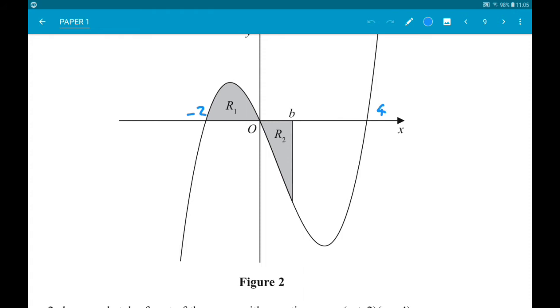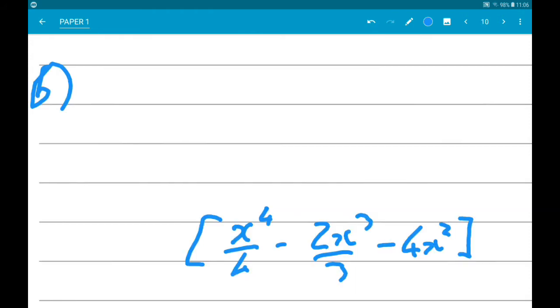And again, that's because R2 is below the x-axis. So, what that tells us then is that R2 is the integral between 0 and b of y with respect to x.